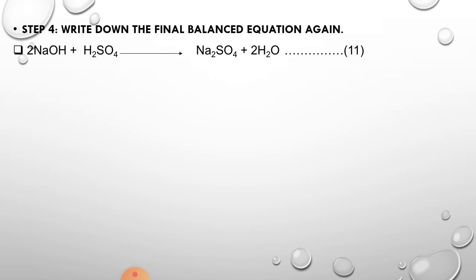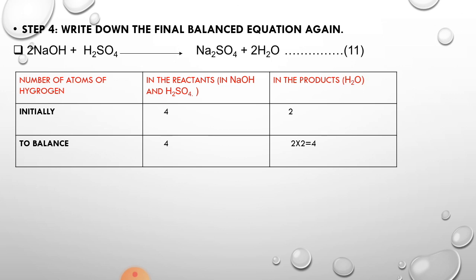Now write down the final balanced equation again. So we have written the balanced equation again. Initially in NaOH and H2SO4, the number of hydrogen atoms is 4, and in the product it is 2. So what we did, we balanced it in the product. For the hydrogen atoms we put 2 in front of H2O.